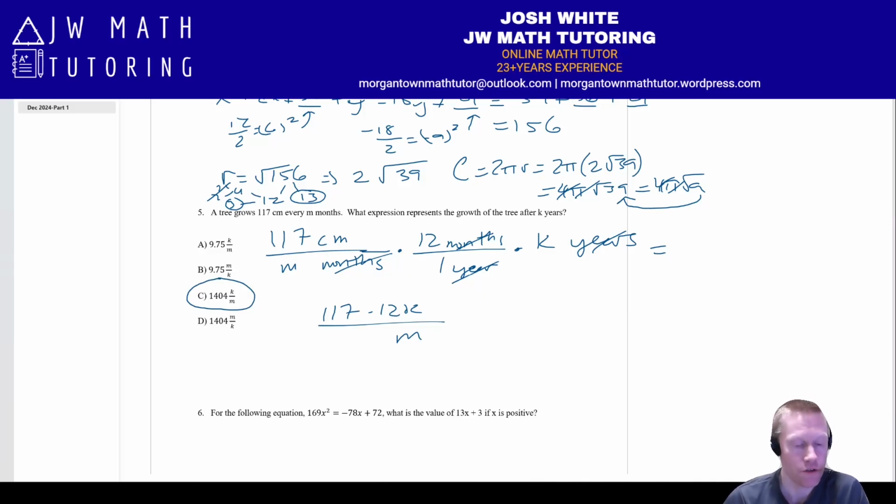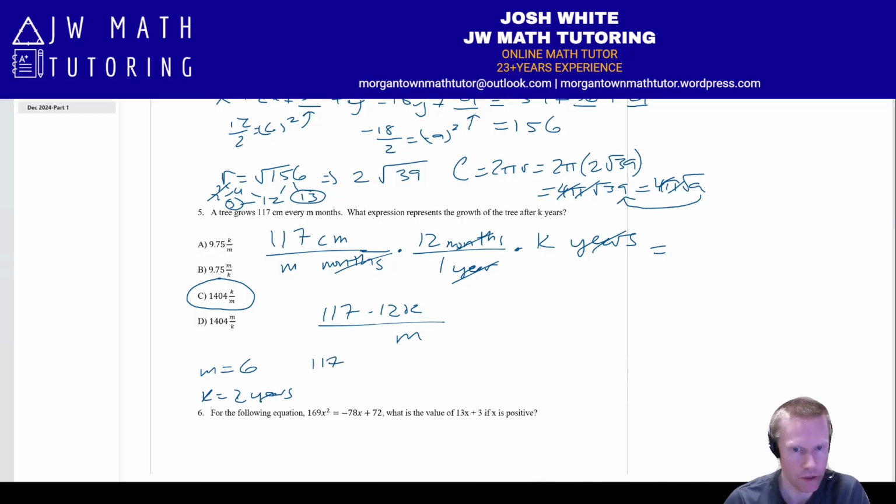Now, here's an alternate strategy you could use. Basically, this involves picking numbers. I am going to let m equal 6, so 117 centimeters every 6 months. And then I'm going to let k equal 2. So in other words, if it grows 117 centimeters every 6 months, how much will it have grown after 2 years?